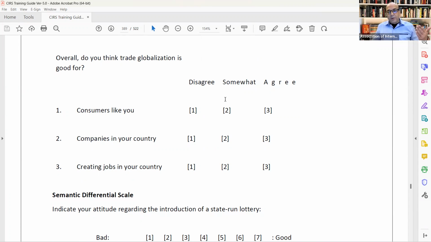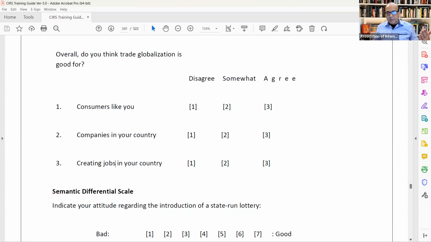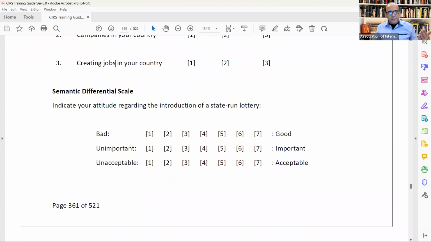Whoever was selecting somewhat are now selecting other choices like disagree or agree on this. So you have further opened it up by itemizing, or breaking that answer into more ideas for them to get a better choice. That is the Likert scale, and it is very commonly used.